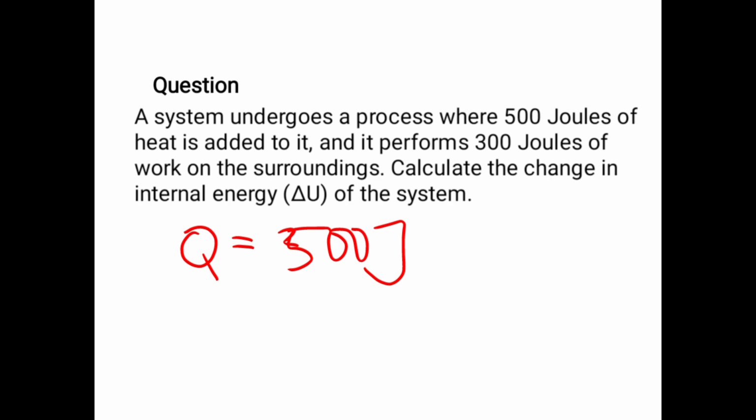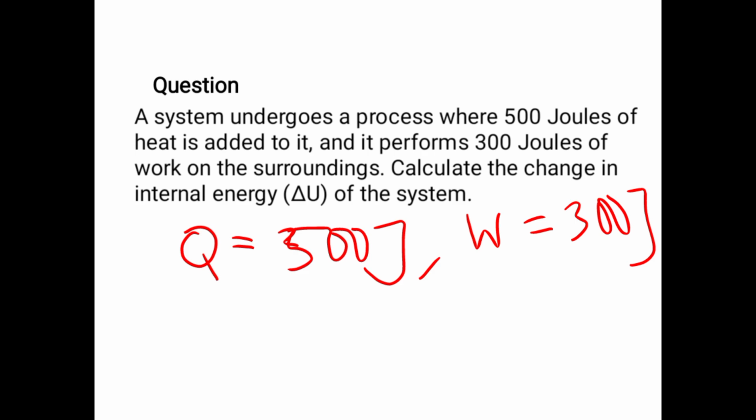And it performs 300 joules of work on the surrounding. Kindly note that work on the surrounding also means work by the system, because when the system does work, it is doing the work on the surrounding. So we can say the work W is equal to 300 joules.